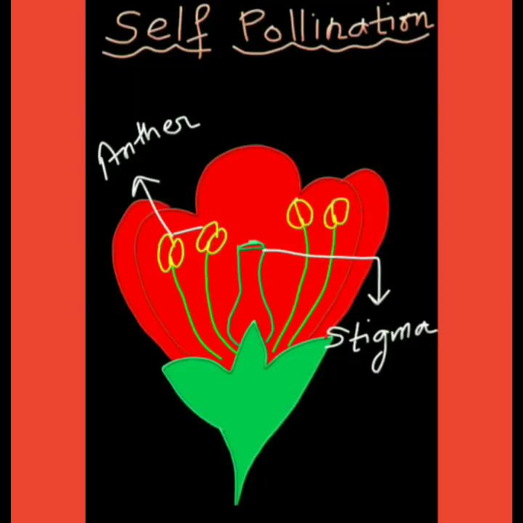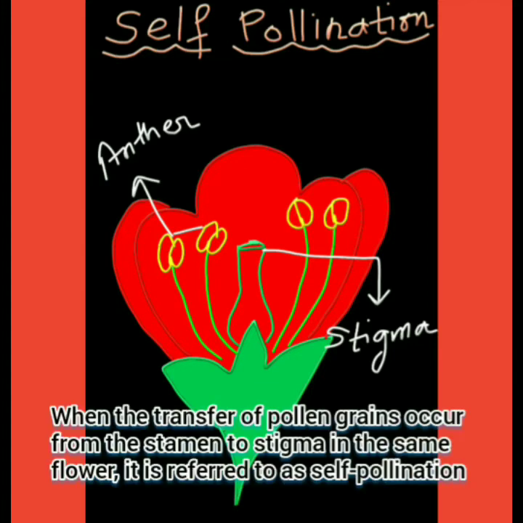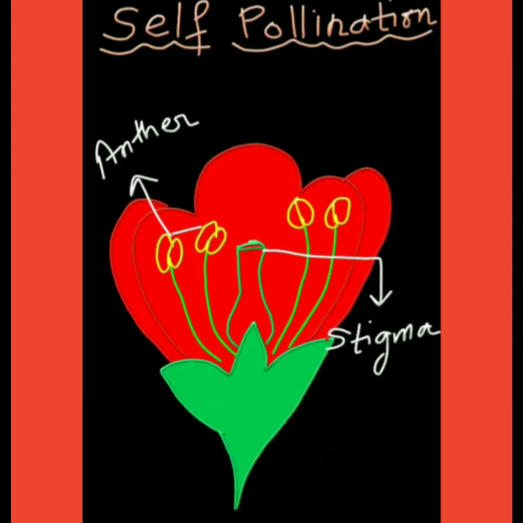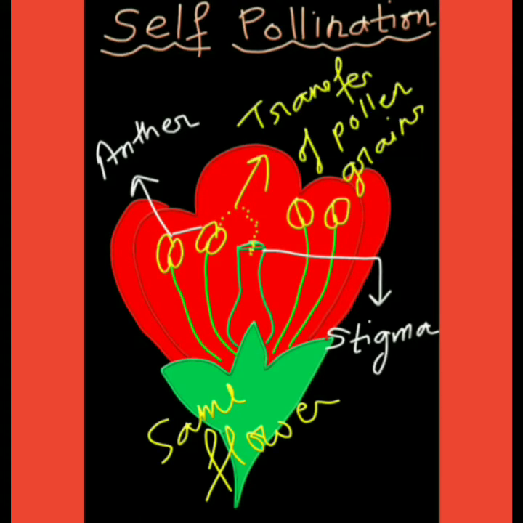So, when the transfer of pollen grains occurs from the stamen to the stigma in the same flower, it is referred to as self-pollination. In this picture you can see the pollen grains are transferring from the anther to the stigma of the same flower. So this is self-pollination, where the pollen grains are transferred from the stamen to the stigma of the same flower.